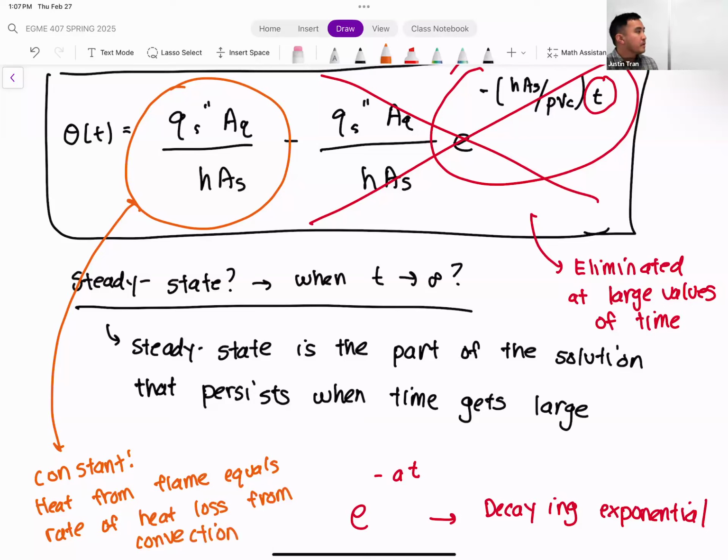Eventually it's going to reach that point where these two things equal out.